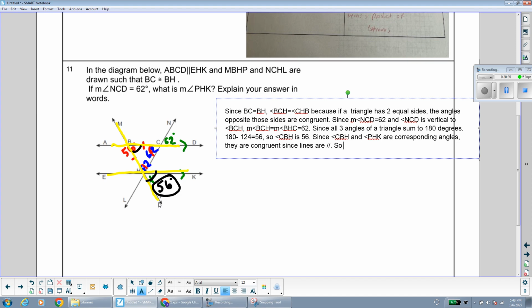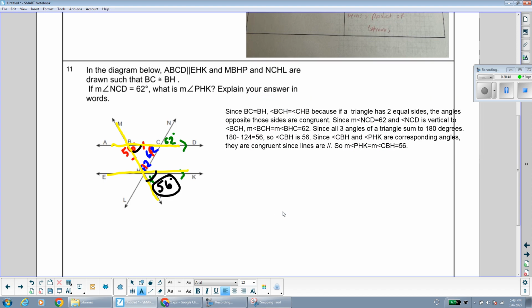So the measure of angle PHK is equal to the measure of angle CBH, and they're both equal to 56 degrees. And there we have a complete explanation. Yours doesn't have to be as thorough, but it does need to fully mention where everything came from.